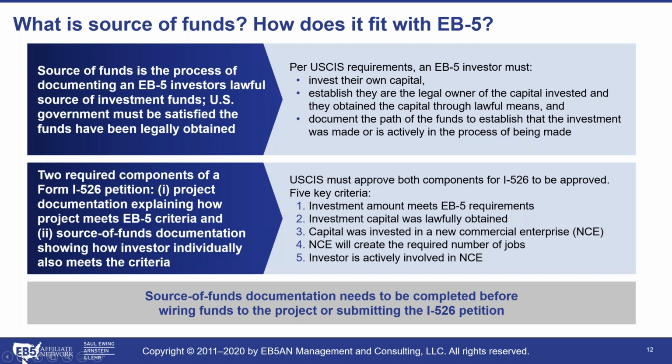So let's say you were investing in a condominium project, that's going to be the business plan, economic study, private placement memorandum, loan agreement, all the documents that explain how the project creates 10 jobs, the minimum number of jobs required for an EB5 investment per investor, and also how the money is going to meet EB5 rules and create those jobs and remain invested in the project.